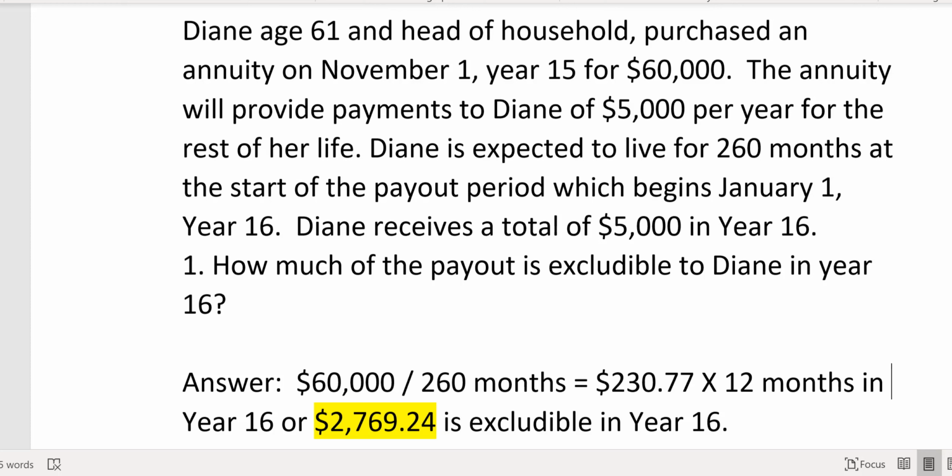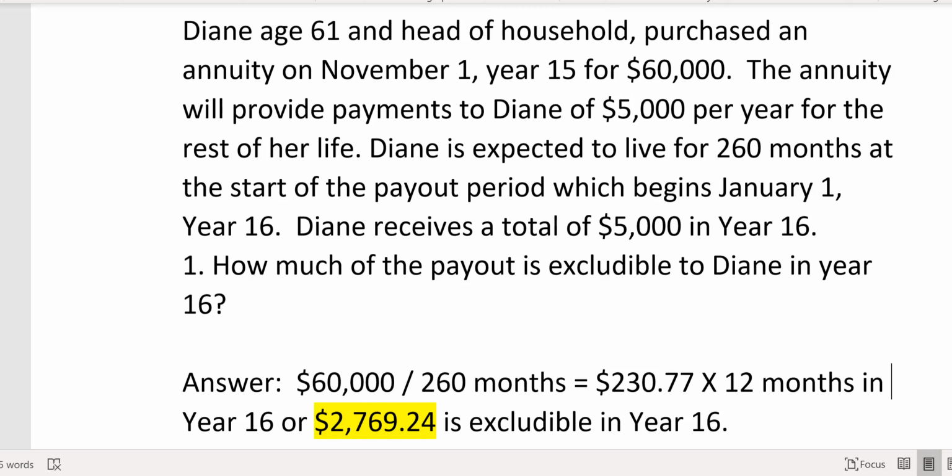The way the annuity works is that you take the investment of $60,000 that she made, divided by the expected monthly life, which is 260 months. They'll always give you that on the exam. They told you here that Diane's expected to live for 260 months at the start of the payout period. So you would divide the cost, the investment itself, $60,000, by the life expectancy of 260 months.